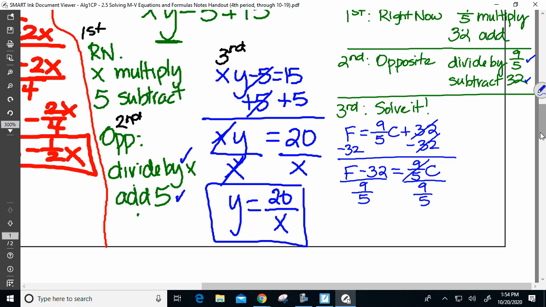So we have C equals F minus 32 divided by 9 over 5. Make F minus 32 a fraction. We're going to keep the first fraction, change division to multiplication, and flip the second fraction. That changes to 5 over 9.